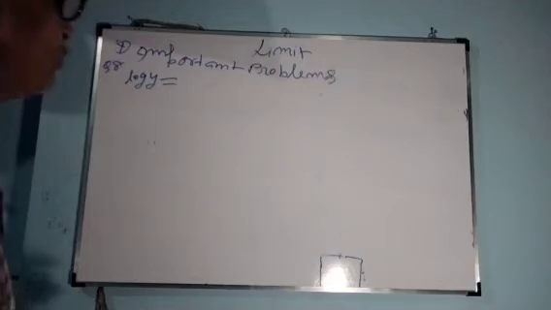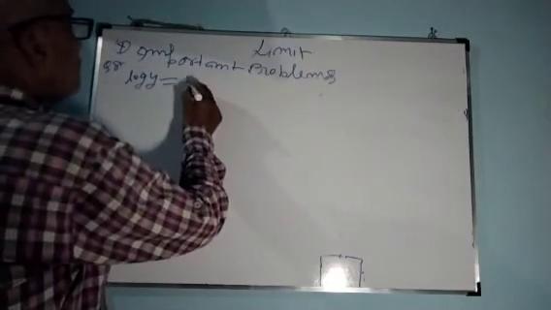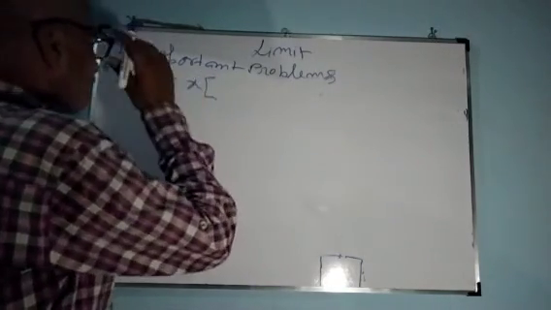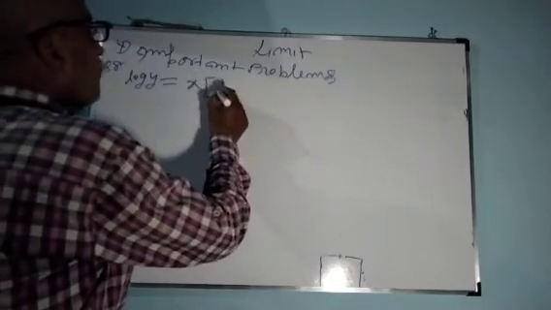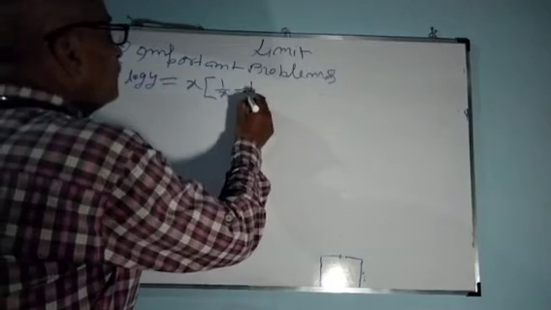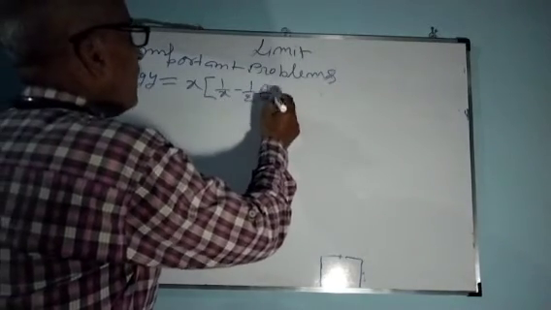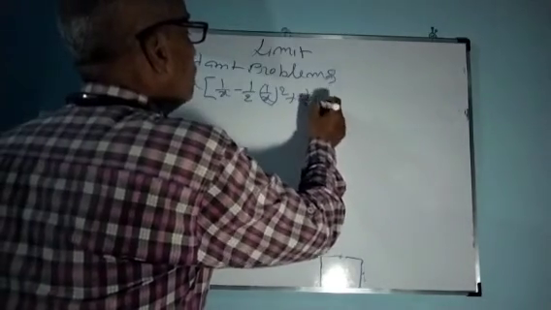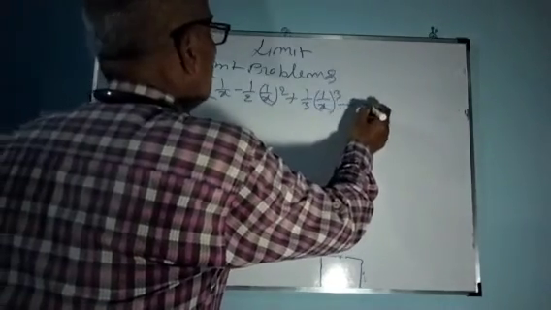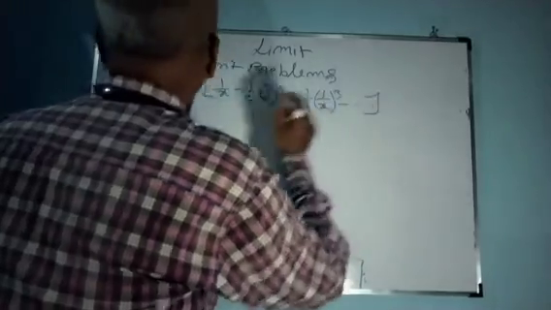Log y is equal to x into (1 by x minus 1 by 2, 1 by x square plus 1 by 3, 1 by x whole cube, minus and so on.